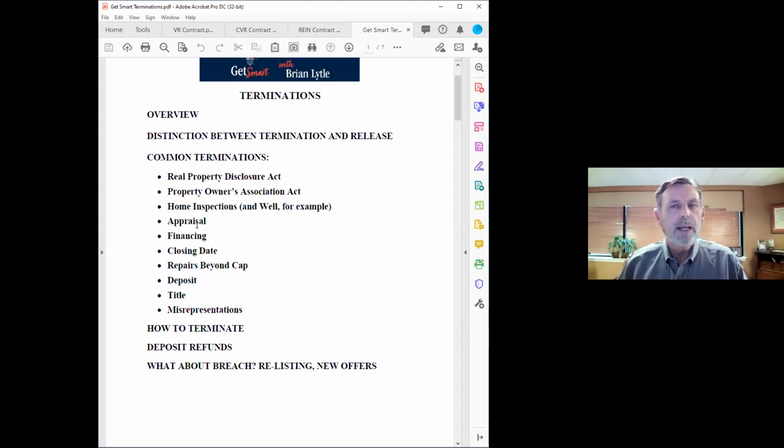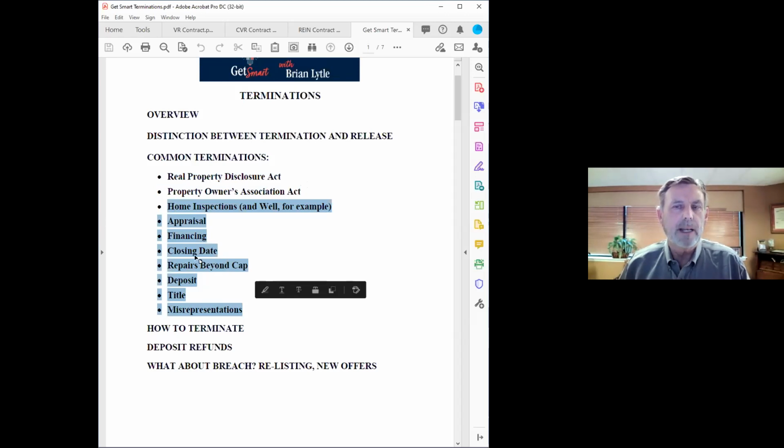So, that's both the two statutory mechanisms or avenues for termination, and then the balance, and I don't think this is even exclusive, although I looked through all three of the contracts pretty carefully.